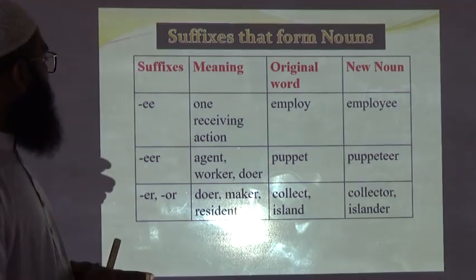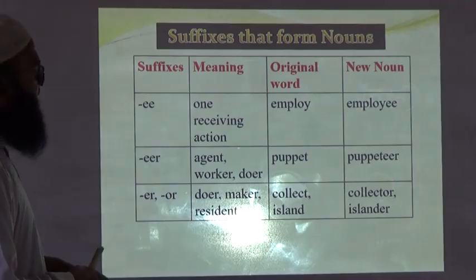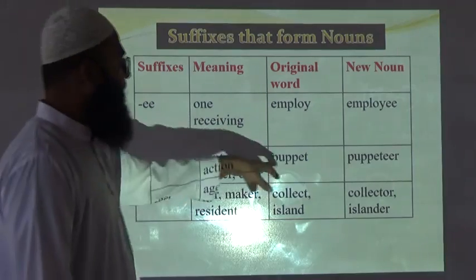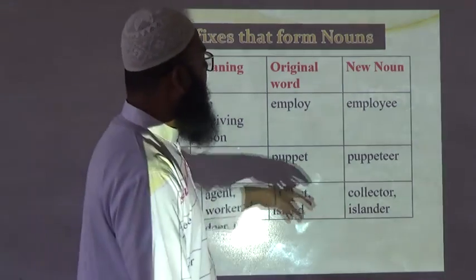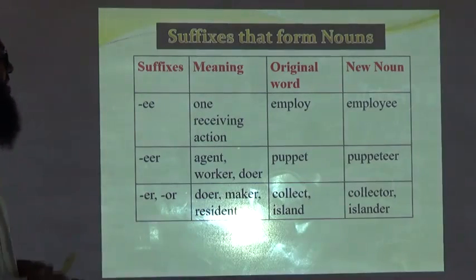That means someone who does something in a sentence. Like that, puppet, puppeteer, who makes the puppets dance or perform.